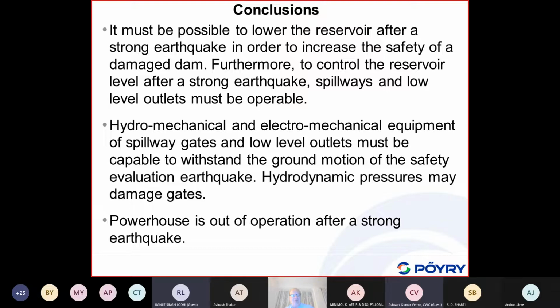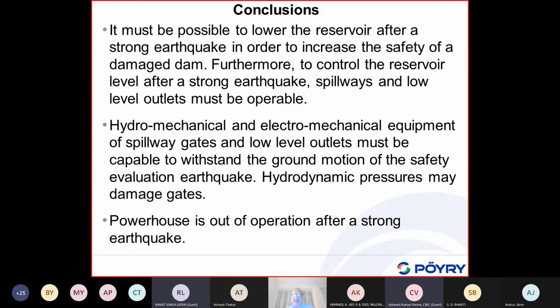But also, if your reservoir is lowered, in a case of a catastrophic release, much less water will be released, and the safety of the people living downstream, of course, is higher.